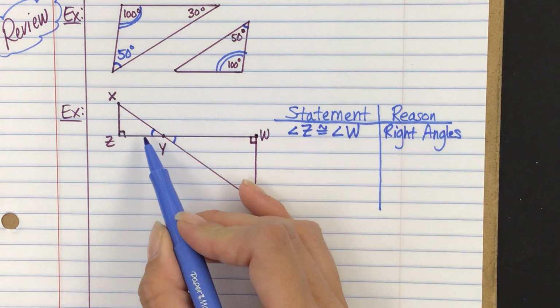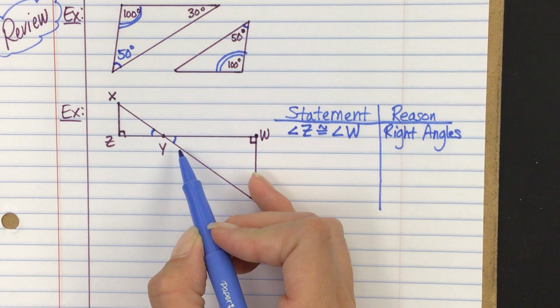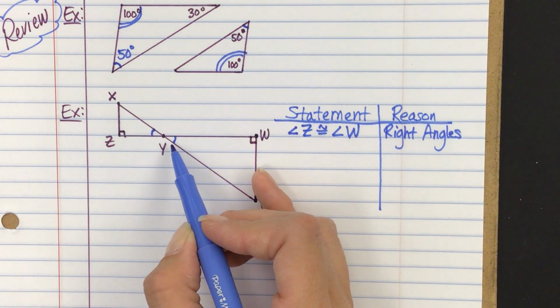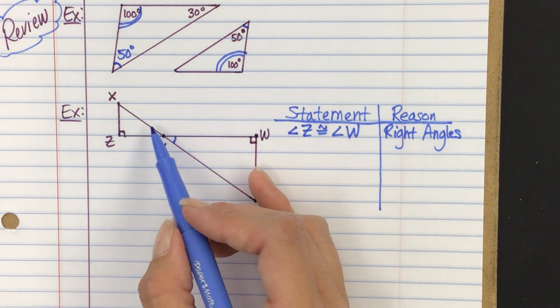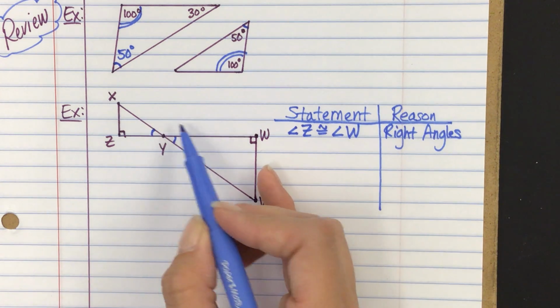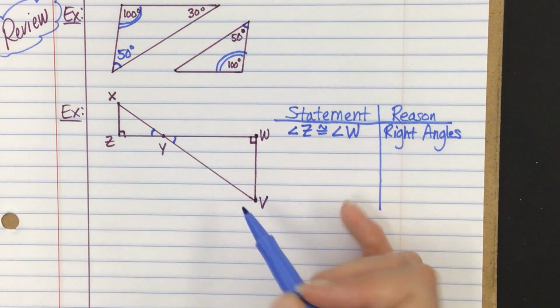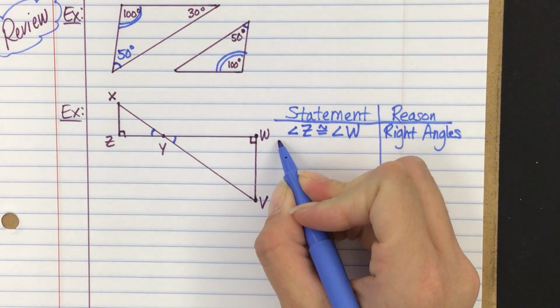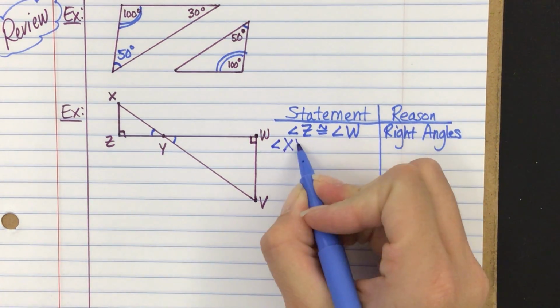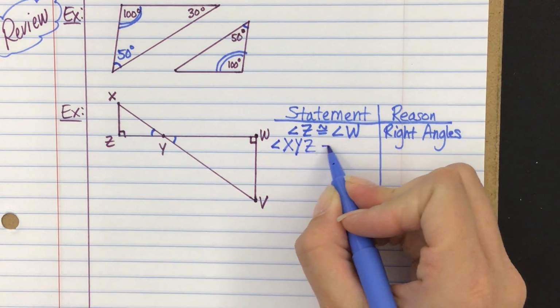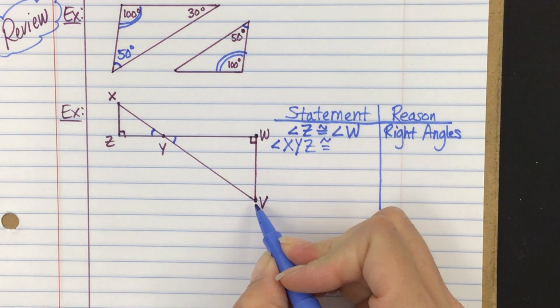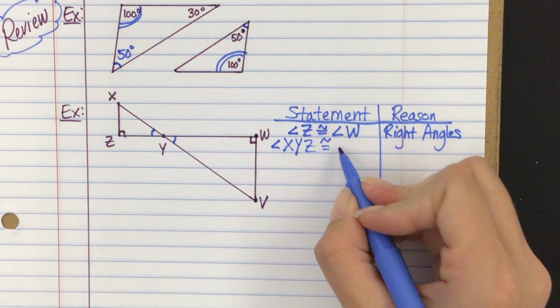Now the next thing we did is we decided that these two angles are congruent. Now you can't just call this angle Y and angle Y because there's actually 4 angle Y's. There's this angle, this angle, this angle, and this angle. So we actually need to use those other points to help us out. So I'm going to say angle XYZ is congruent to angle VYW.